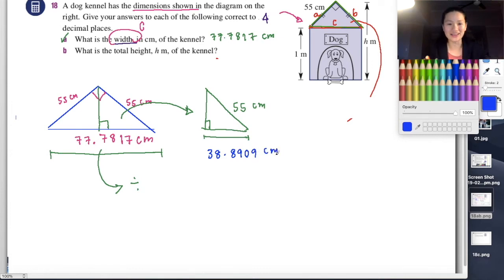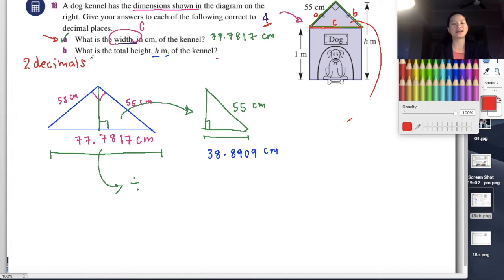Wow, that's okay. Now you want to find the total height. Well, now you do that. Okay, let me think about something. I just realized that for A you use 4 decimals, just A. Otherwise you can use just 2 decimals.